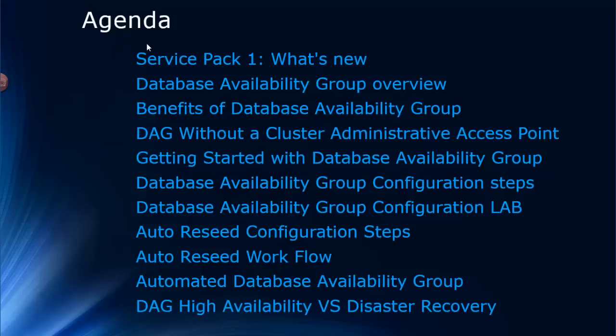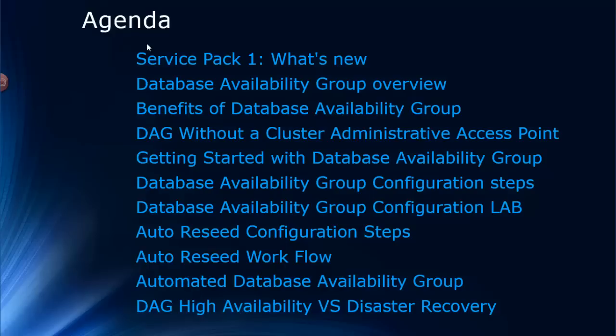So, agenda of the day. Service Pack 1, what's new? Database availability group overview. Benefits of database availability group. DAG without a cluster administrative access point. This is a new thing coming in SP1. We'll discuss about it. Getting started with DAG. DAG configuration steps.